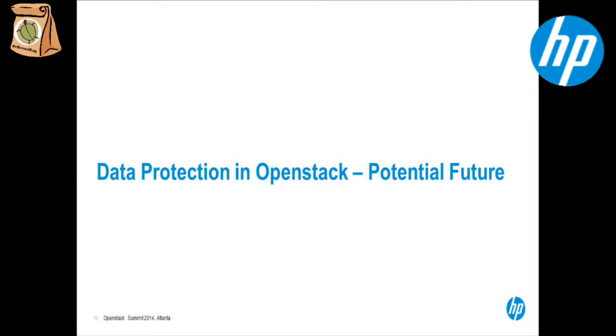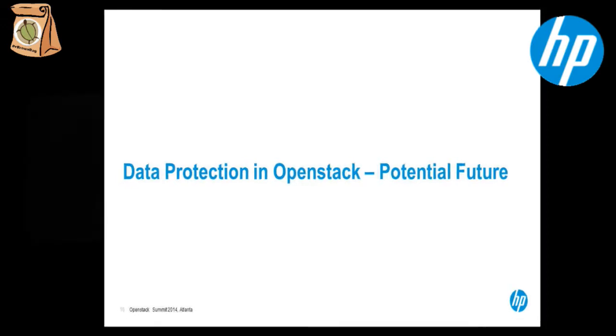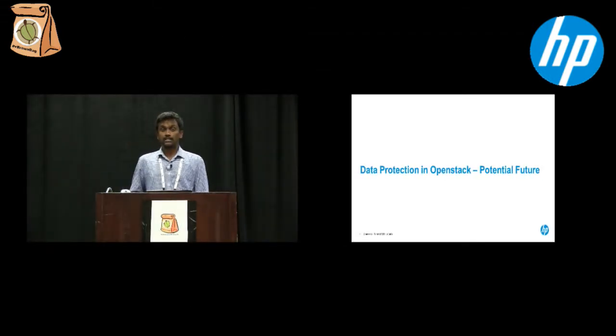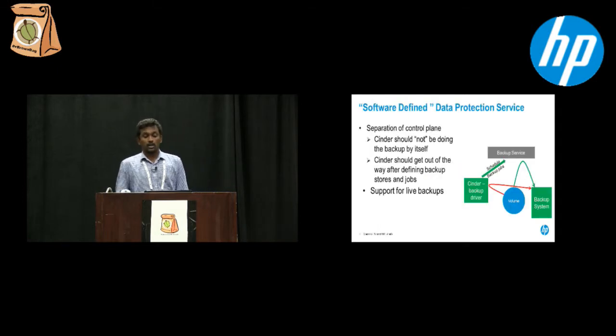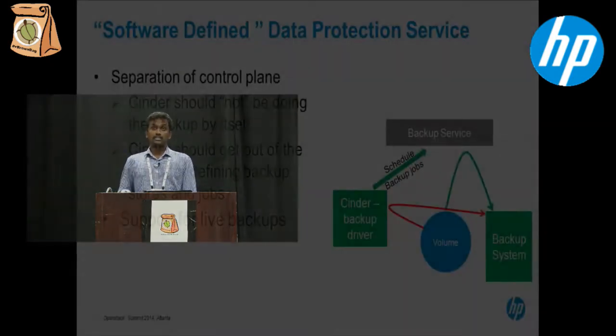Now let's look at some of the issues with data protection in OpenStack today, and some potential future directions that I think can enable better data protection strategies in OpenStack. Like I said, the Cinder backup driver is the one that actually does the backup.